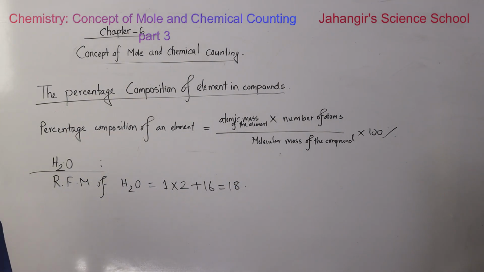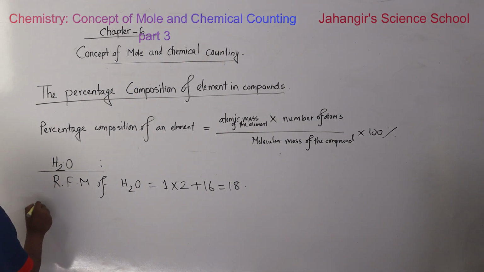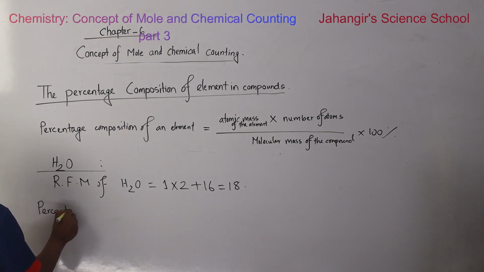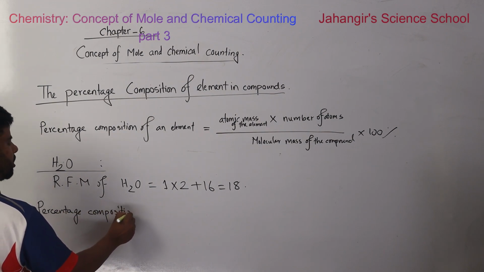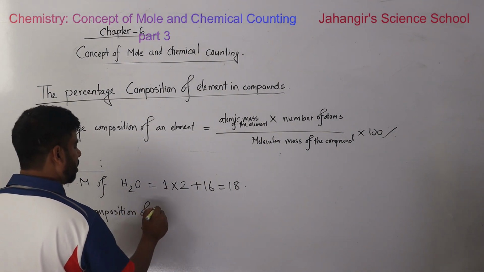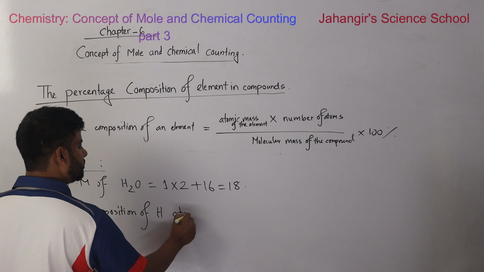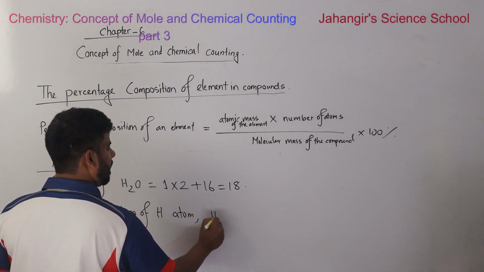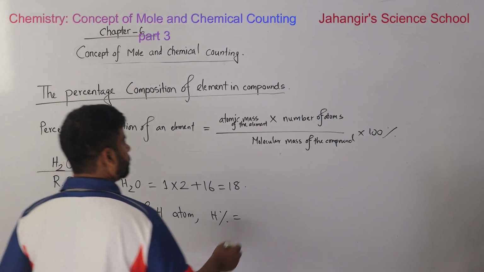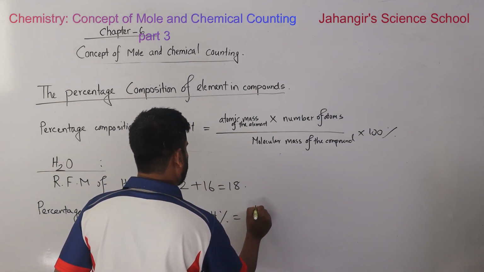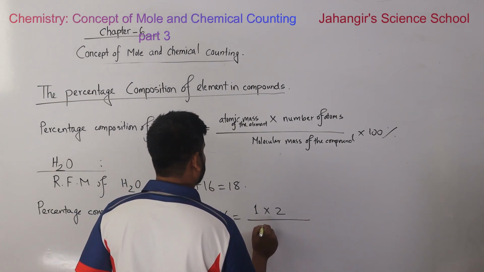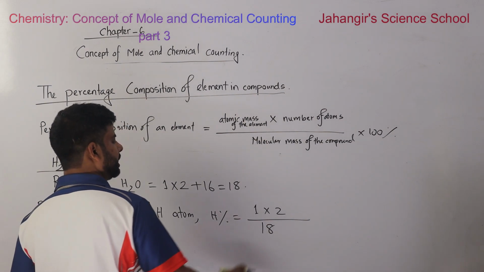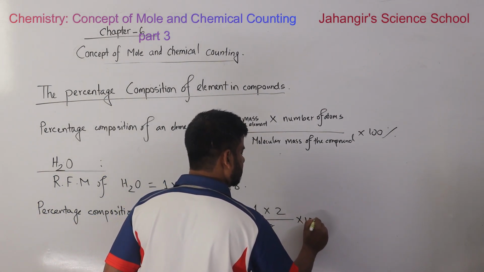If we want to calculate the percentage composition of hydrogen, it equals atomic mass 1 times number of atoms 2, divided by the total molecular mass of water, 18, times 100%.